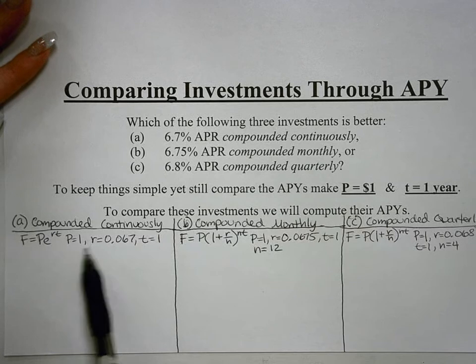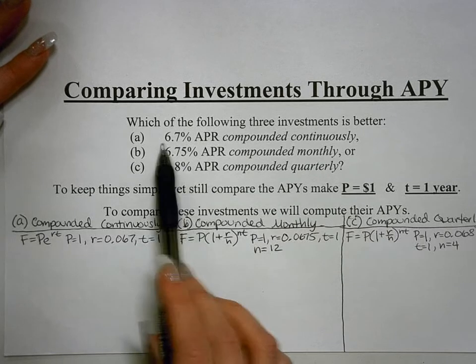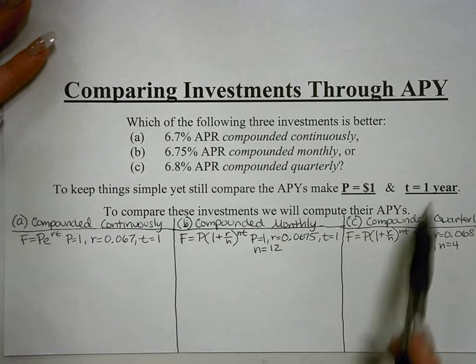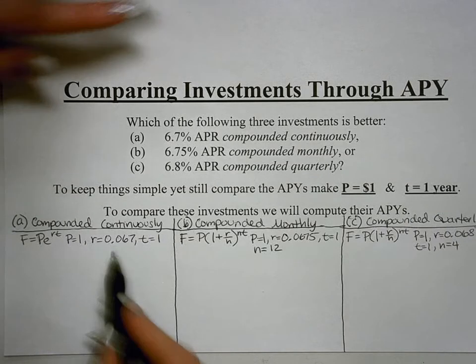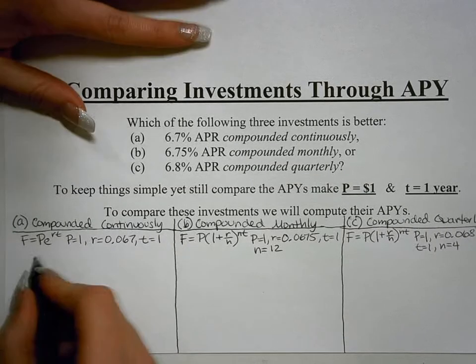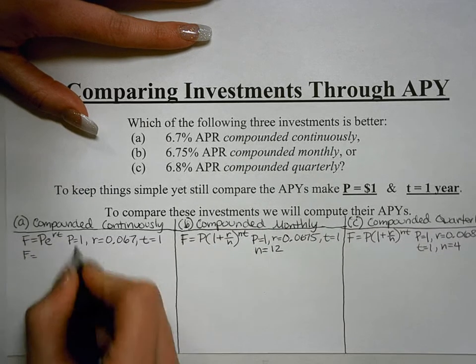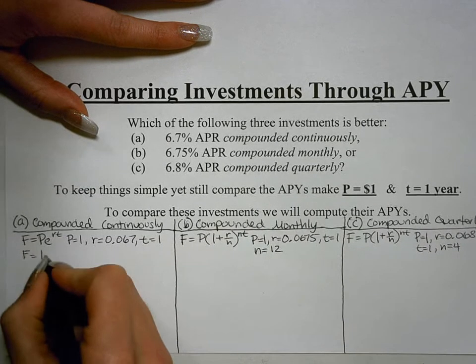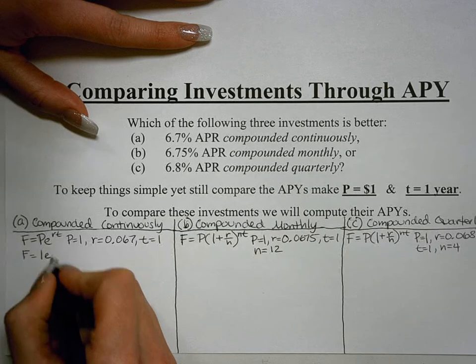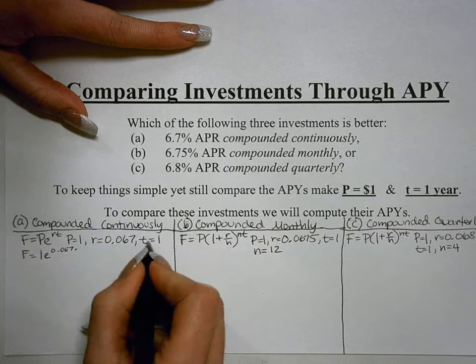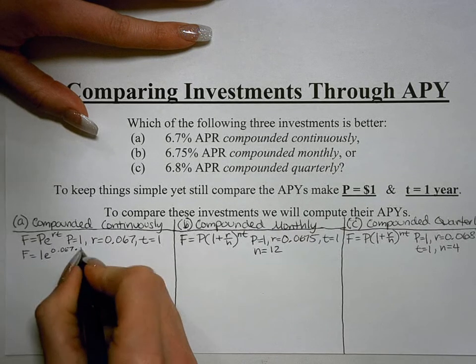P is equal to $1. The rate in the form of a decimal is 0.067, and the time is 1 year. So we're just going to input these values into the formula, and we get F is equal to 1 multiplied by e raised to 0.067 multiplied by the time of 1.